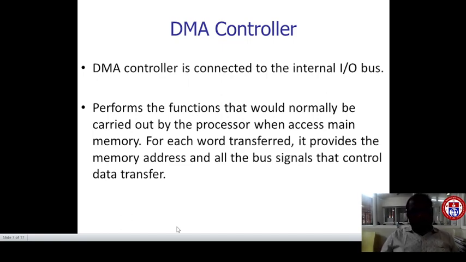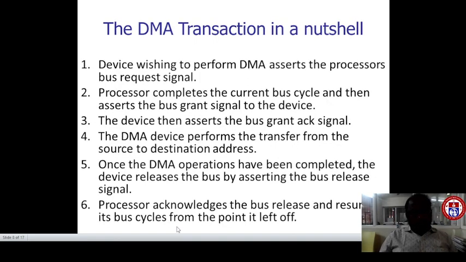A high-speed bus architecture is used for interfacing memory with the input output device through this DMA. The DMA controller performs the functions that would normally be carried out by the processor when accessing main memory. For each word transfer, it provides the memory address and also the bus signals that control the data transfer.